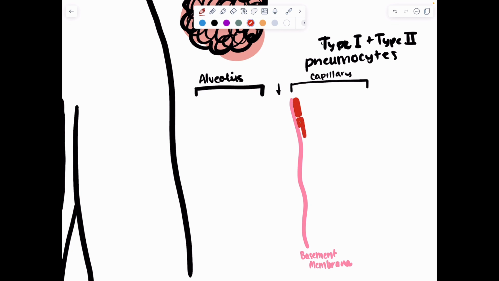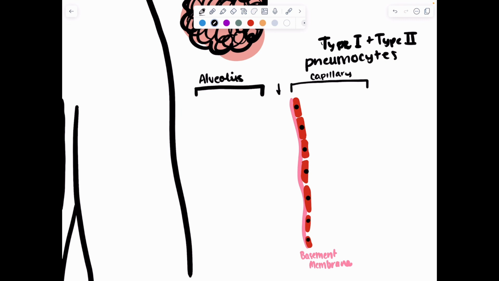When we're talking about endothelium, endothelium is a simple squamous membrane. And that's what we're seeing here. I'll put the little nuclei there. We'll do them in black. Okay, so that's my endothelium.